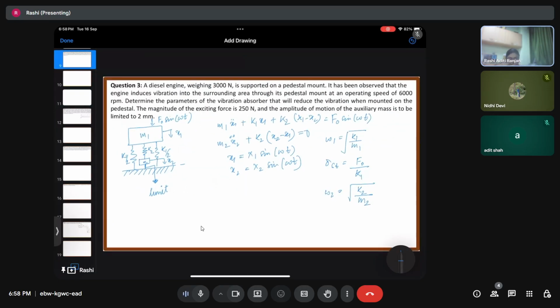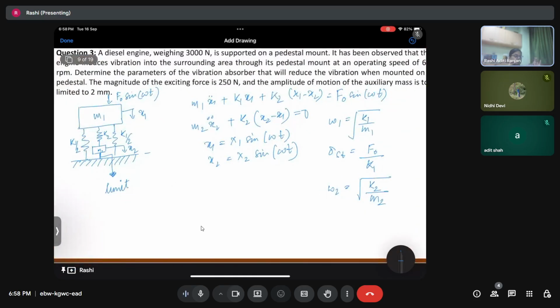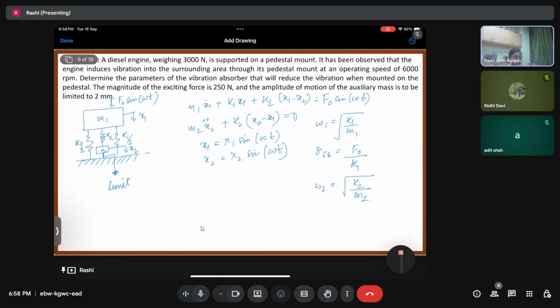In the question we have a diesel engine weighing 3000 Newton supported on a pedestal mount. It has been observed that the engine induces vibration into the surrounding area through its pedestal mount at an operating speed of 6000 rotations per minute. So at this speed, the engine is transferring vibration to the surroundings.